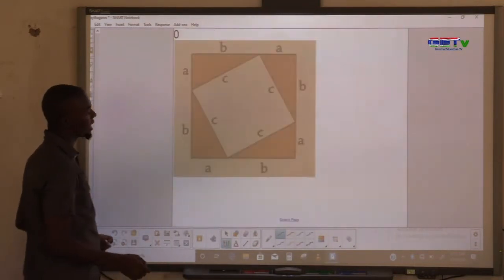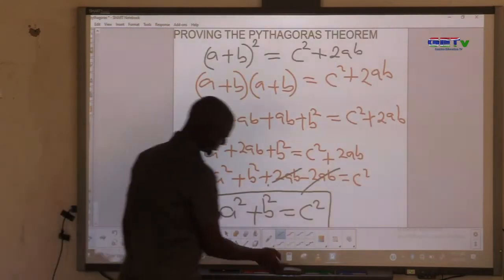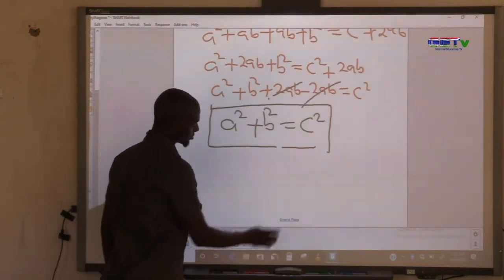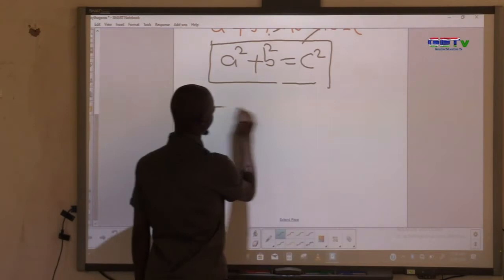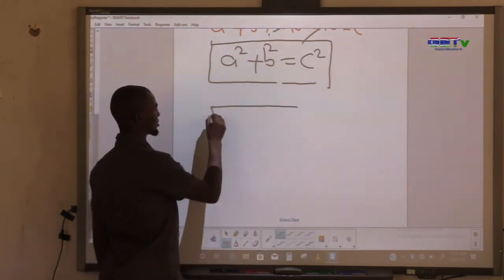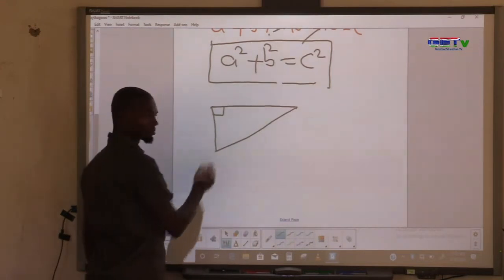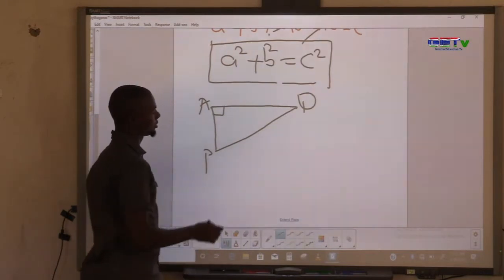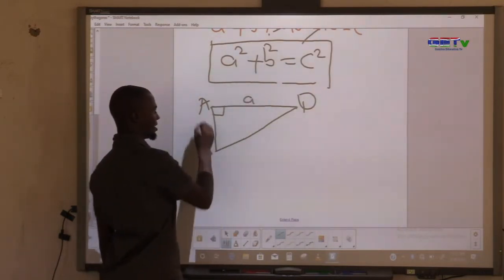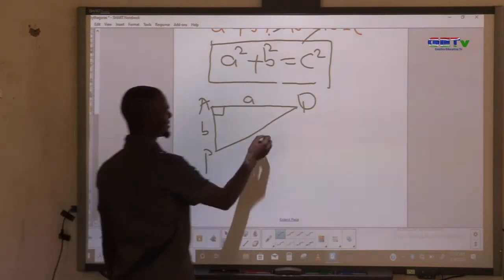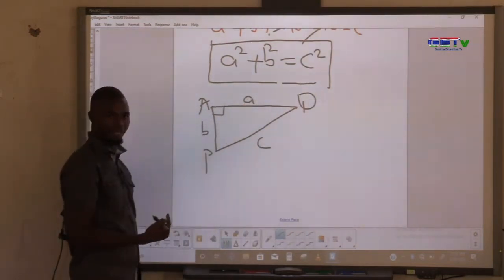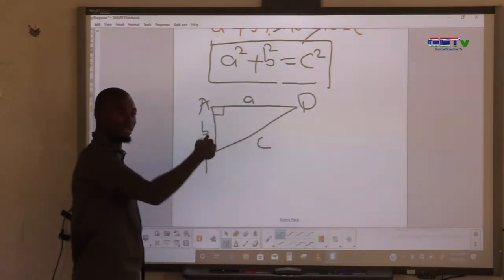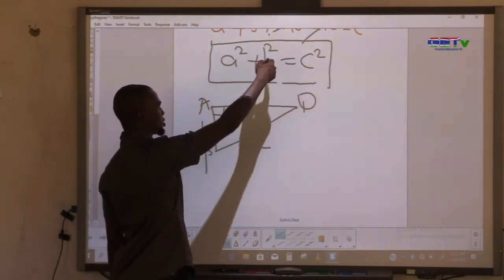If you have AQP there as the right angle triangle, you have A, Q, and P. This is A, and this is B. Here is C. So applying the Pythagoras theorem, you can see C square here is the hypotenuse, and A square is one leg of the right angle triangle, and B square is the other leg.